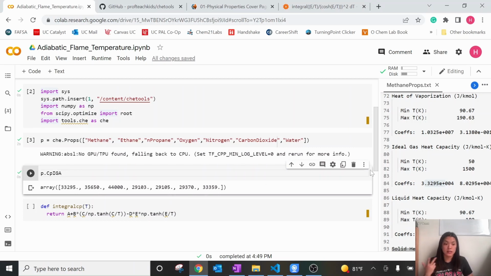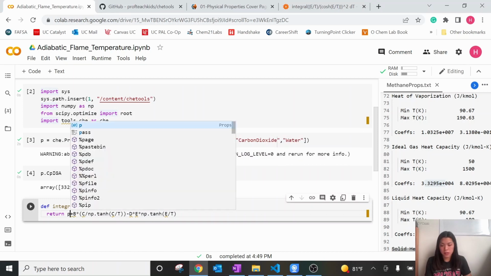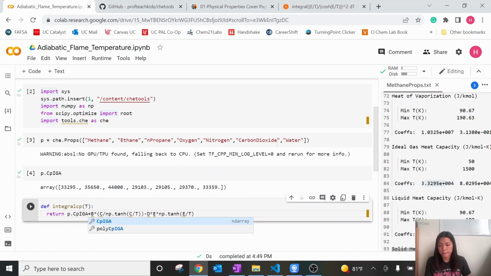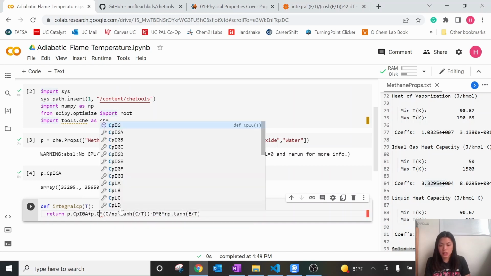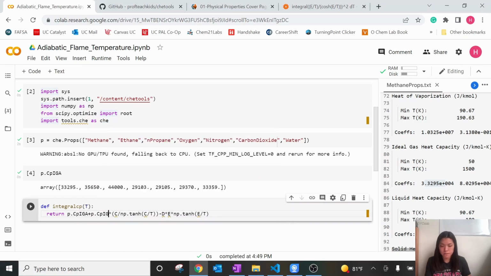So we need to use A, B, C, these coefficients in this equation. So we're going to replace the A with the P dot CPIGA. B will be P dot CPIGB. And so all these variables will be replaced with the coefficient that is from the ChemCAD equation in the properties.